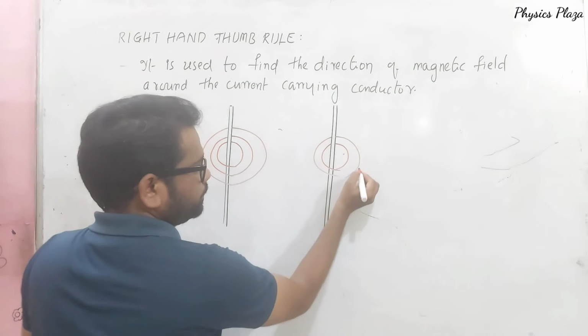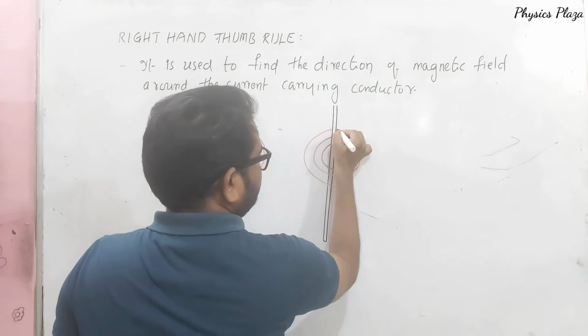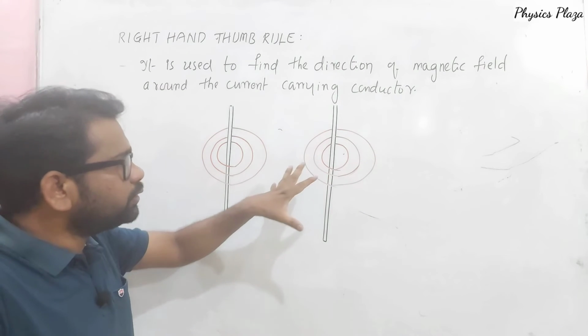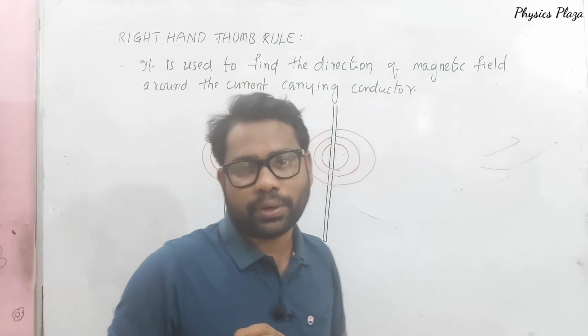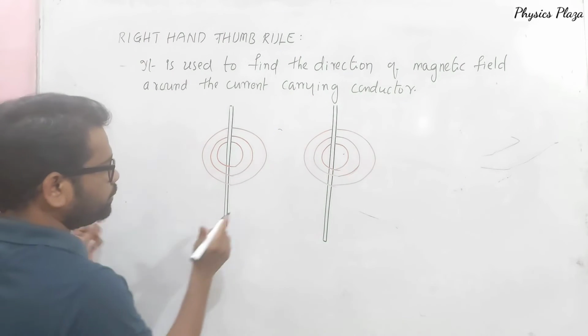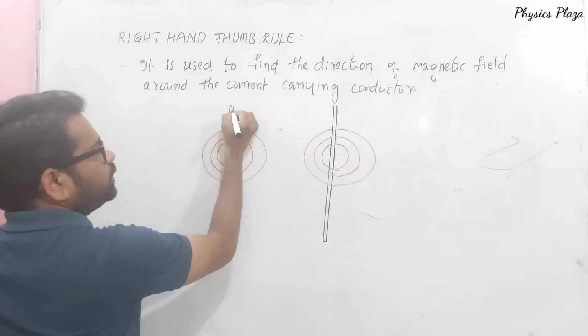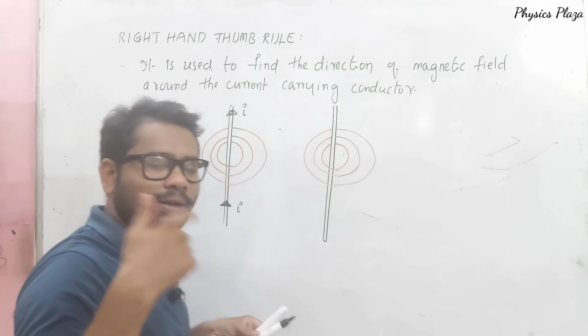Anyone can draw these circles, it's simple, but the direction is very, very important. Children, as we know, for example in this one, the current is flowing like this. This is the direction of current. If current is flowing in this direction, let us use the right hand.